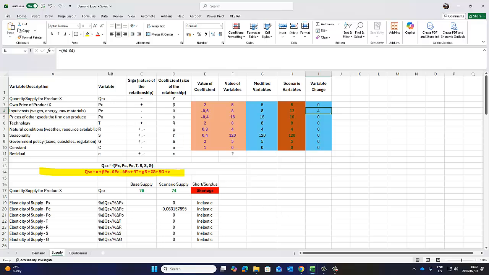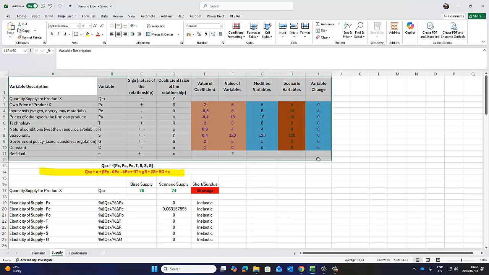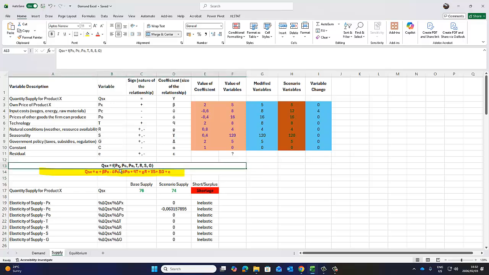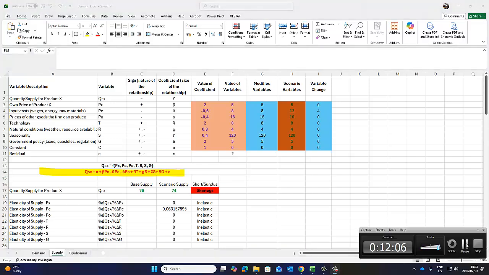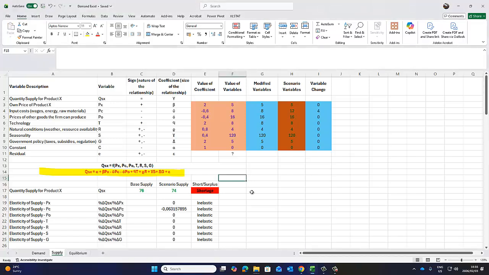Okay, so same as with the demand function, there's my function expressed as my variables and then expressed as an equation where I just add the variables.